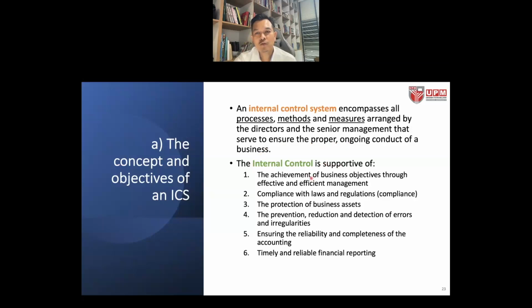Normally, internal control is supportive of the achievement of business objectives through effective and efficient management, compliance with laws and regulations, protection of business assets, prevention, reduction, and detection of errors and irregularities, ensuring the reliability and completeness of accounting, and finally, timely and reliable financial reporting. So these are the elements of the internal control system.